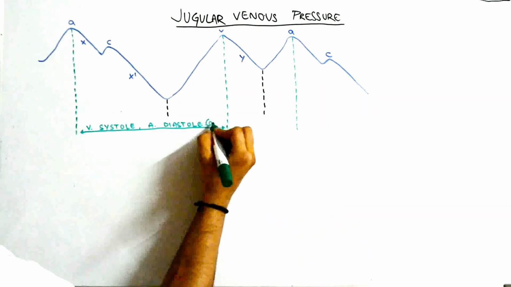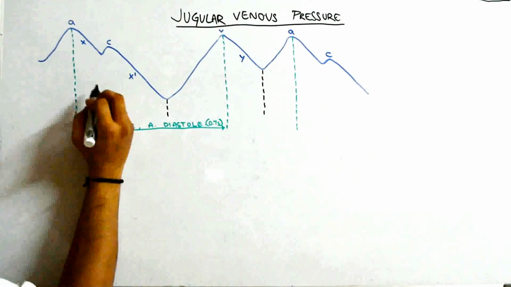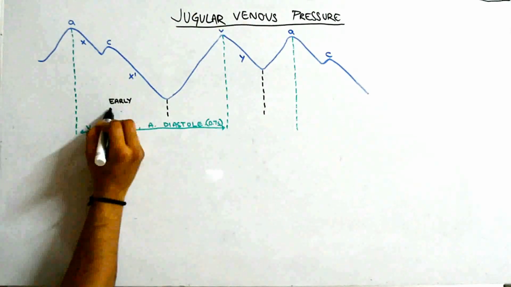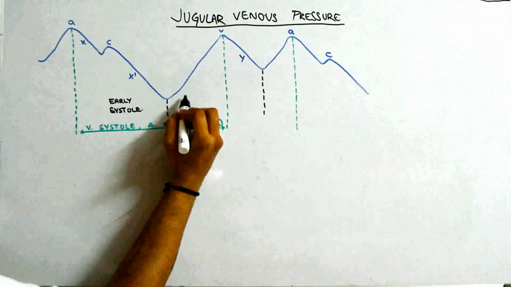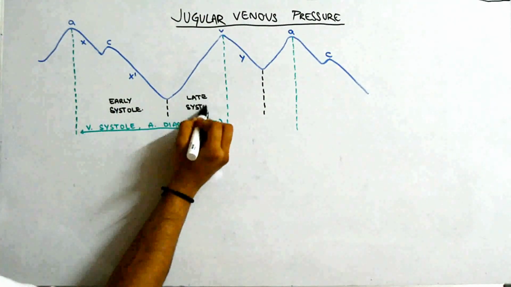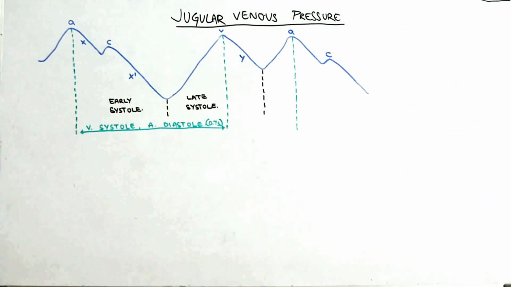So ventricular systole, as we all know, lasts for 0.7 seconds and is the longest part of the cycle, whereas ventricular diastole lasts only for 0.1 seconds. So this phase is further divided into early systole and late systole. The early systole consisting of the isovolumetric contraction and rapid ejection, whereas late systole consists of the slow ejection phase.